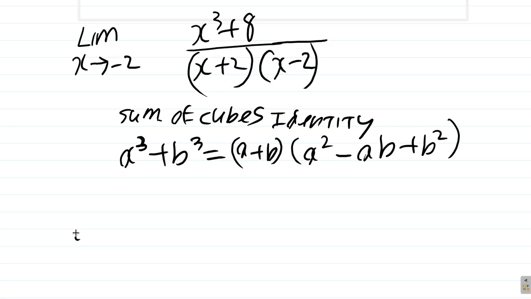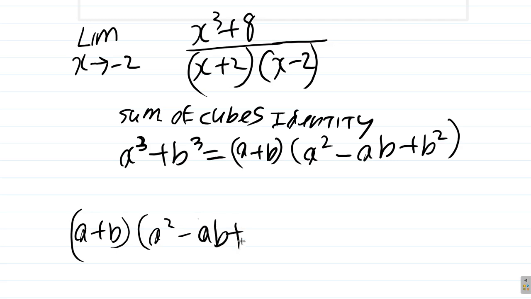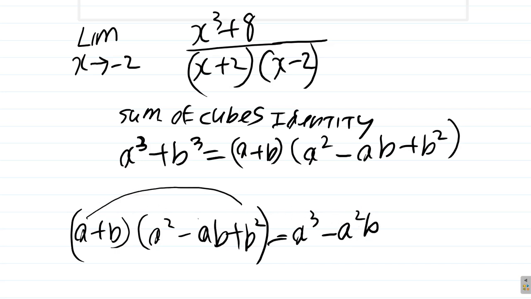If you multiply a plus b by a squared minus ab plus b squared, a times a squared is a cubed plus a times negative ab is minus a squared b plus a times b squared is ab squared, plus b times a squared is a squared b.